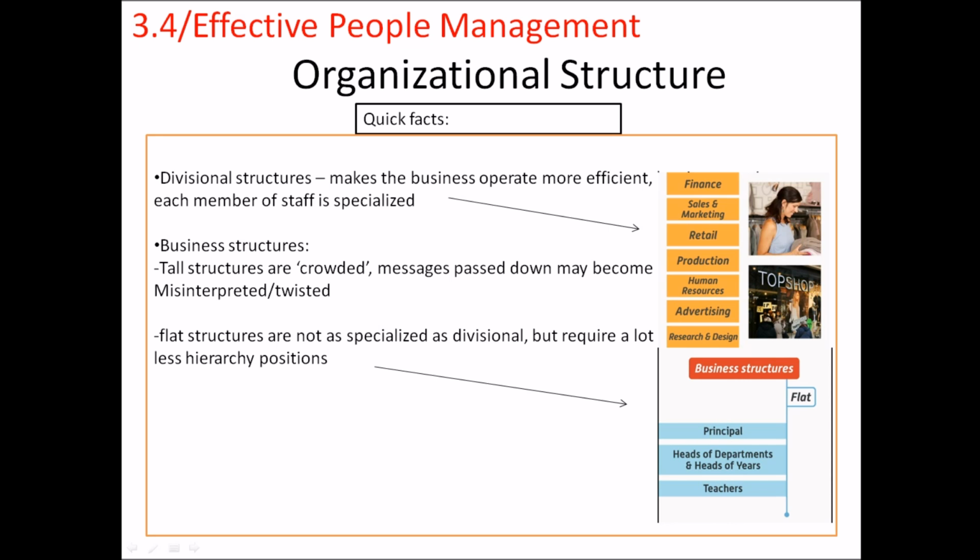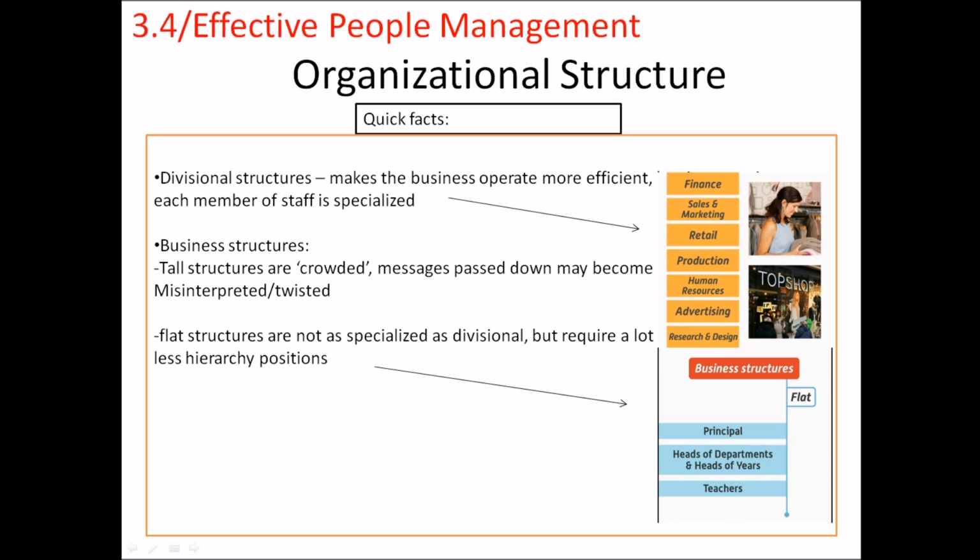They use this really specialised hierarchy chart. As you can see there, they have the finance department, the sales and marketing, retail, production, human resources, advertising, and research and design. Each one of these areas is specialised, so it's obviously very expensive, but everyone knows their job because they're all specialised.